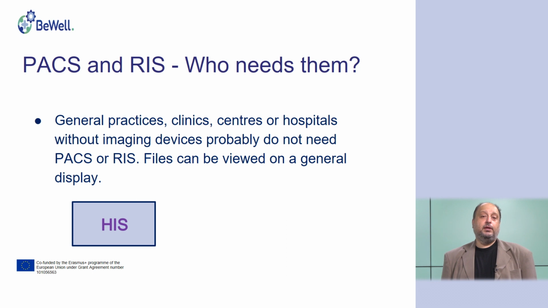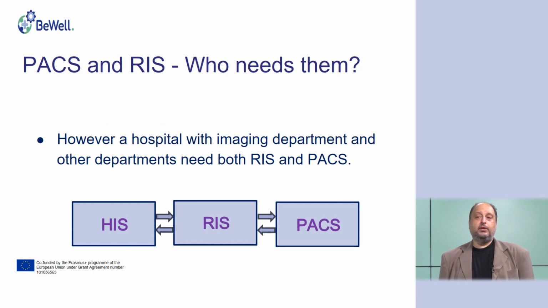But probably they need neither PACS nor RIS. However, the hospitals with an imaging department, of course, need both RIS and PACS, and they may be integrated in the same module, or have RIS with the hospital information system as a different module, but they need all these systems.